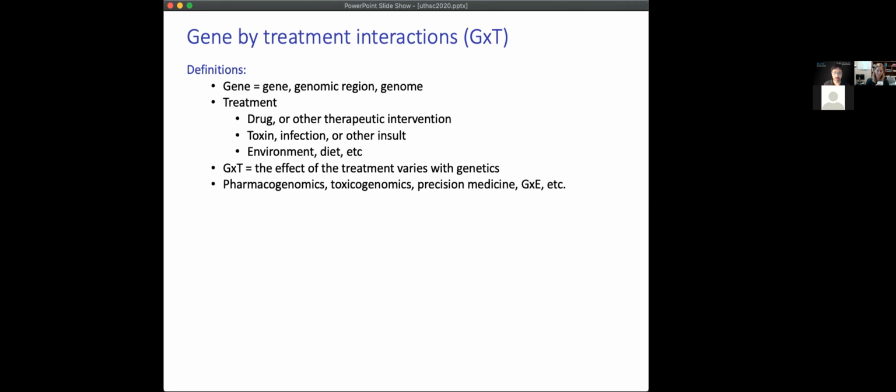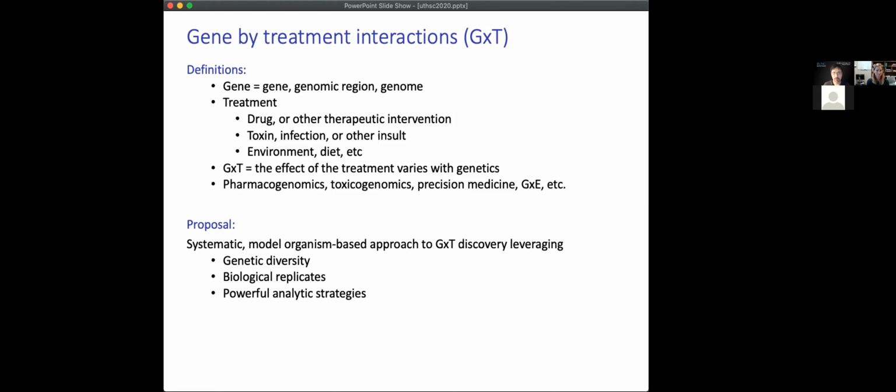The field of looking at this is really multiple fields, but depending on what NIH institute you're writing your grant application to, you might call it pharmacogenomics, toxicogenomics, precision medicine, G by E, etc. But I'm just calling it G by T. And what I'm going to propose in this talk is a systematic model organism-based approach to G by T discovery that leverages genetic diversity, biological replicates, and powerful analytic strategies.